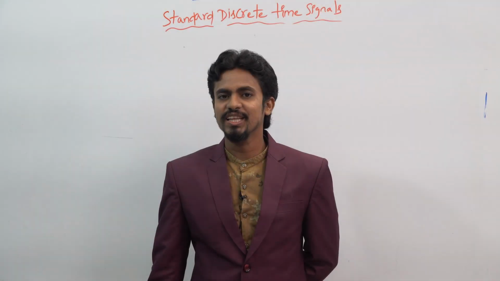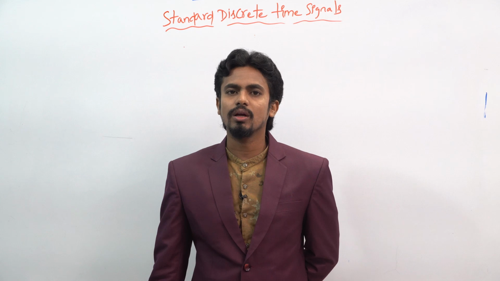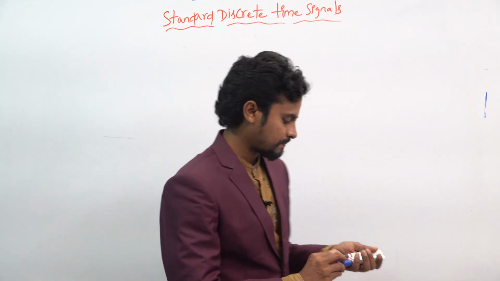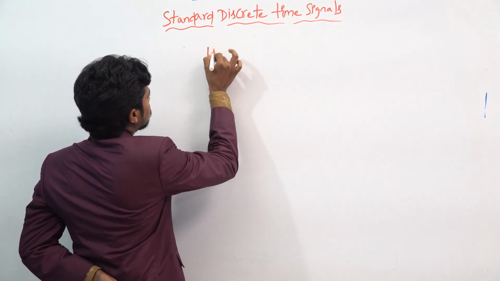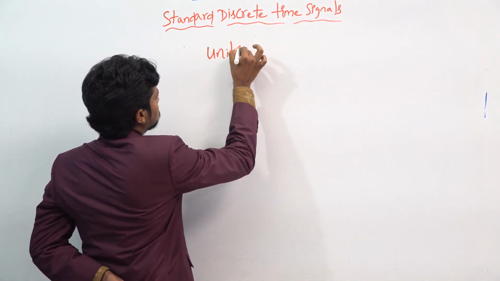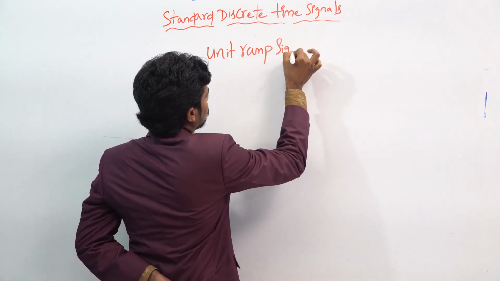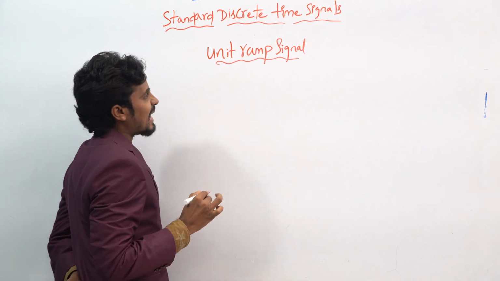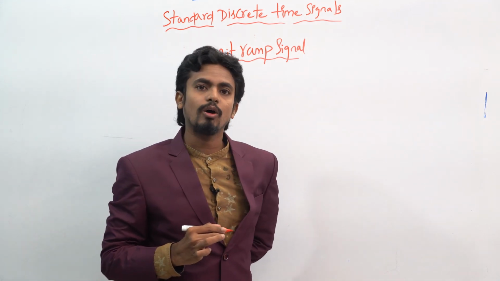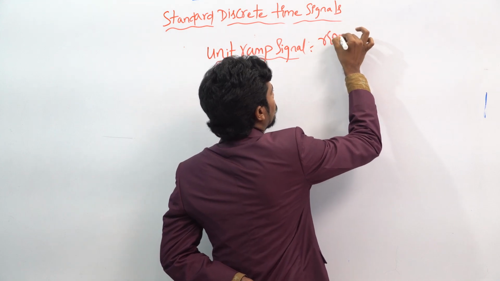Now let's see another standard discrete time signal, that will be the ramp signal, or unit ramp signal. This ramp signal is also represented as r of n.